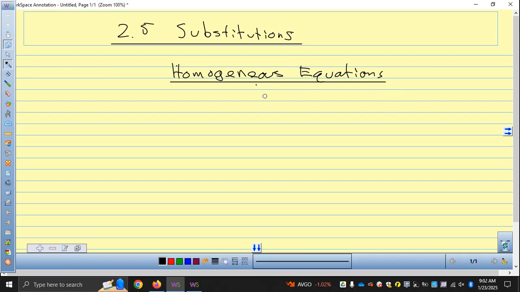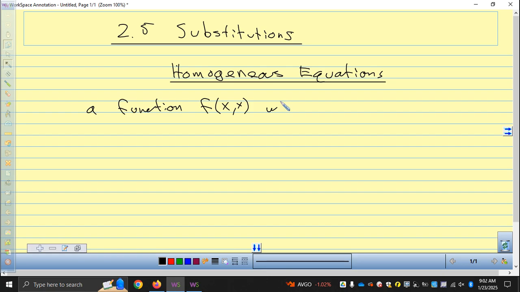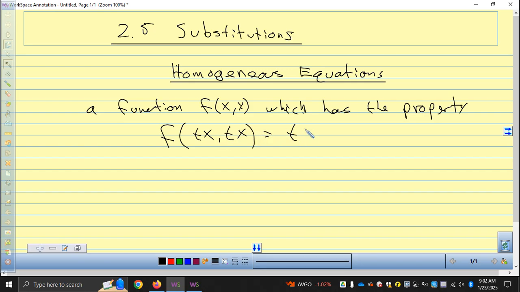And we'll talk about different homogeneous equations in a different context when we talk about higher order differential equations. All right, so we're going to say a function f of x, y needs this particular property: f of tx, ty equals t to the alpha f of x, y.